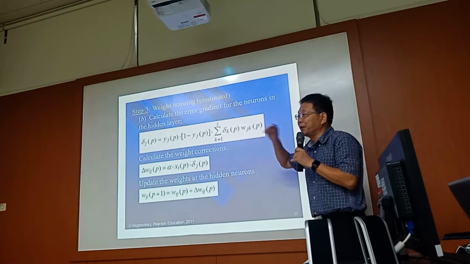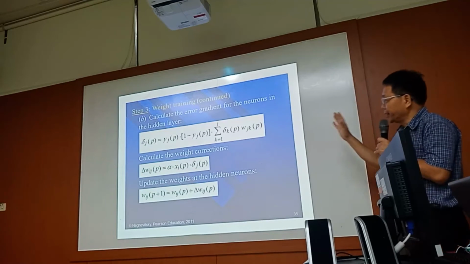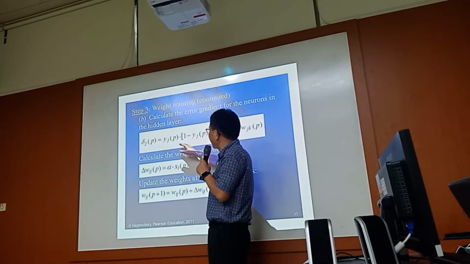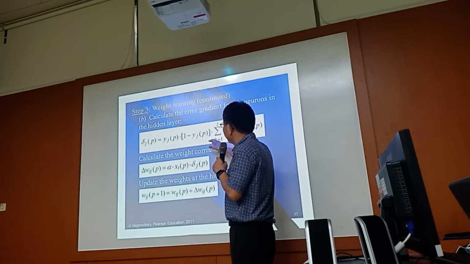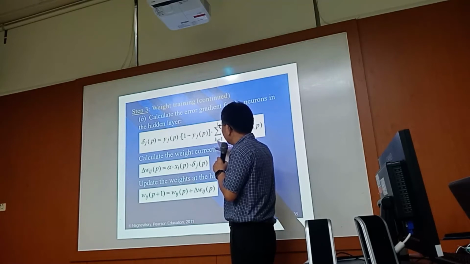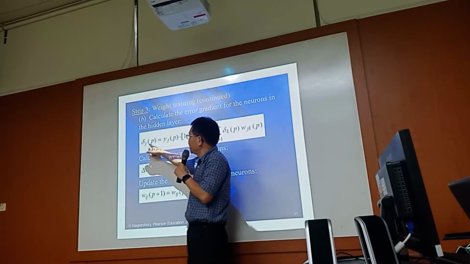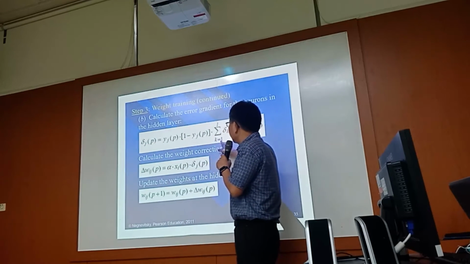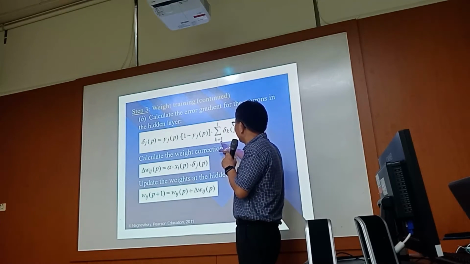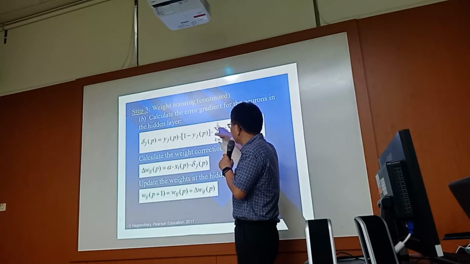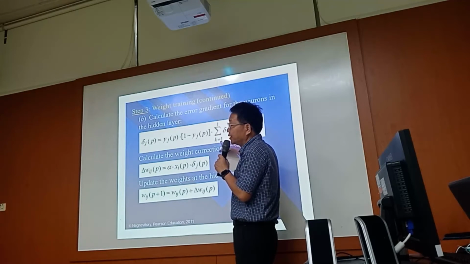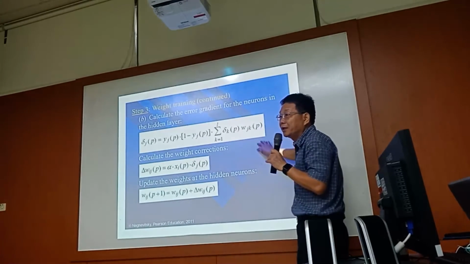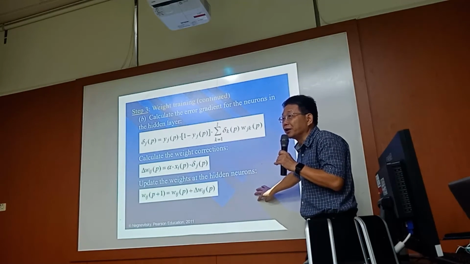That depends on how many layers. So this is the back propagation, and the method is the same. But here you need to be careful. Here is delta J, the value. That is a summation from K equals 1 to L. That means this node connects to many output nodes.